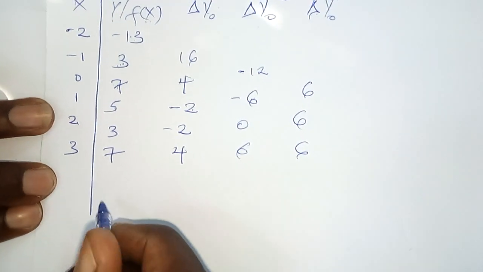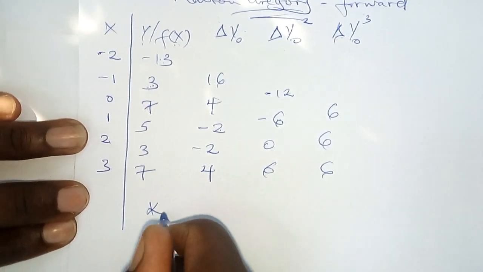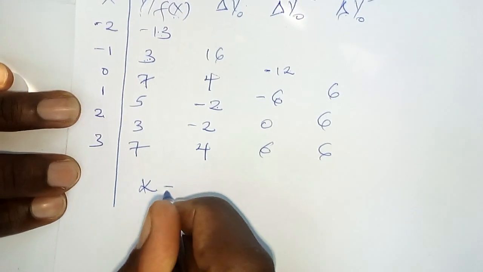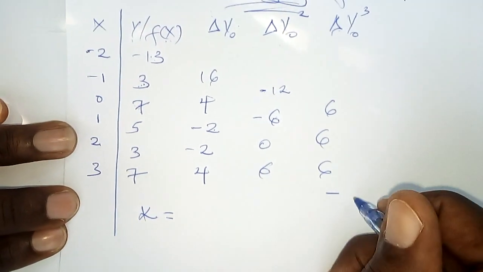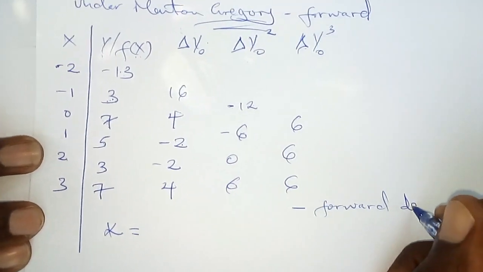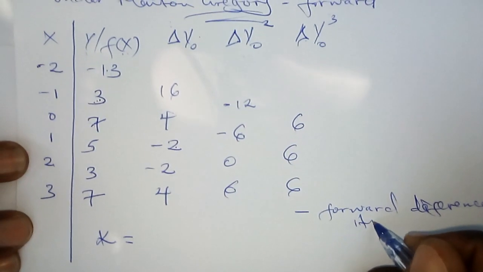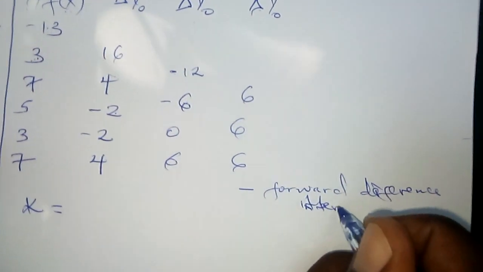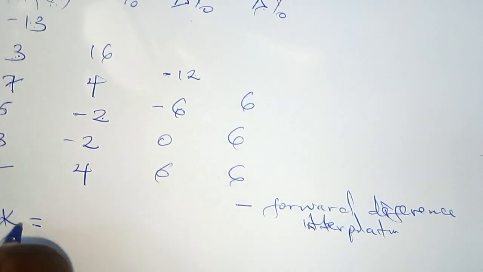Now after that step, we find k. We are tackling Newton Gregory forward difference interpolation.